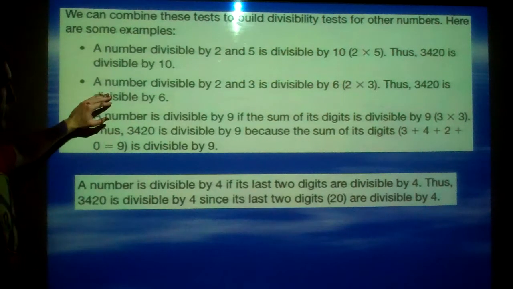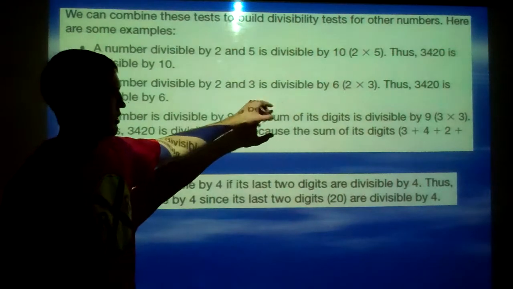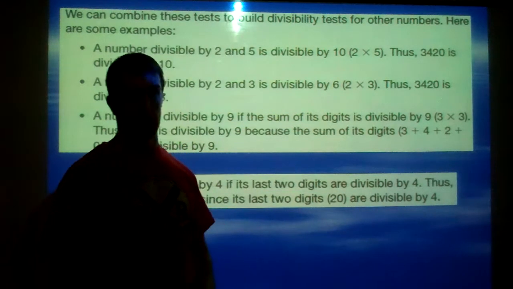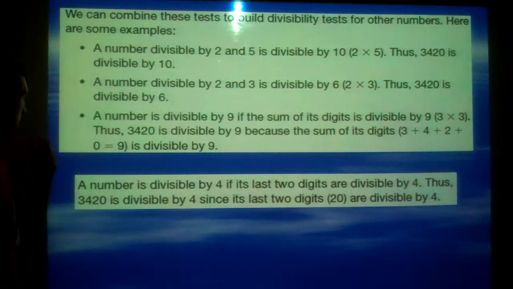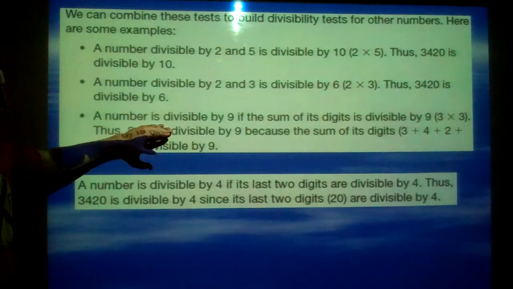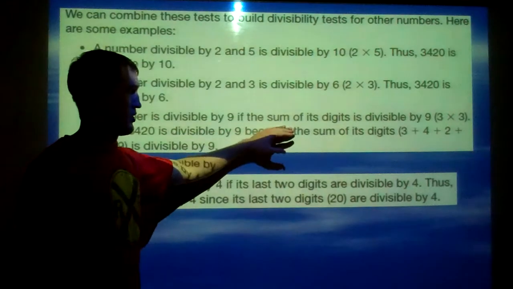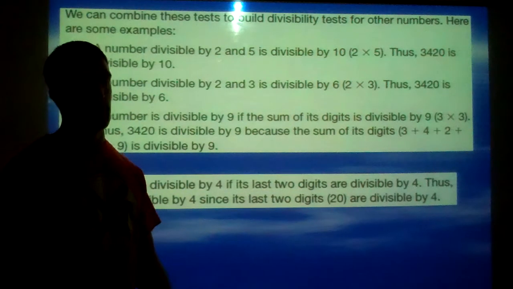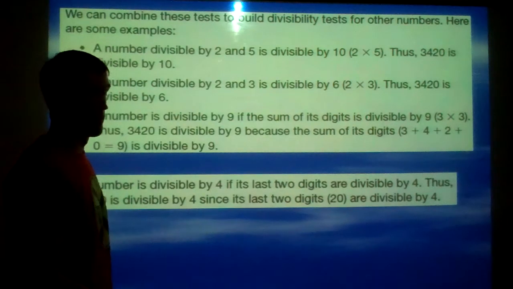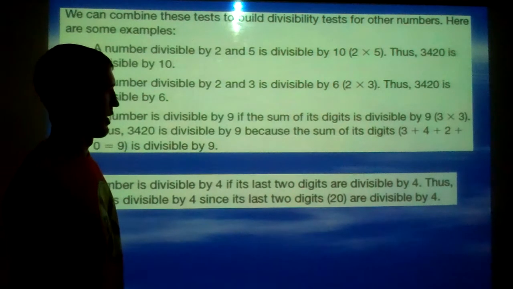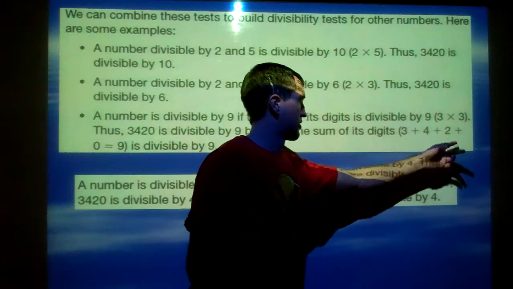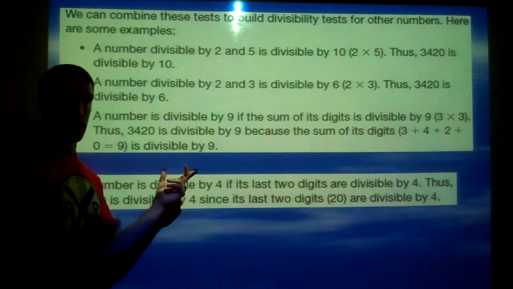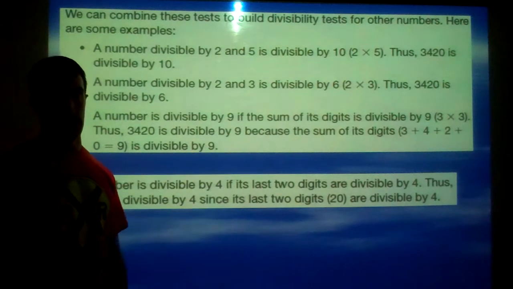A number divisible by 2 and 3 is divisible by 6. So if 2 and 3 divide the number, 6 will also divide the number. And a number is divisible by 9 if the sum of the digits is divisible by 9. Kind of like the same rule for 3. So if we use 3,420 again, 3 plus 4 plus 2 plus 0, we get 9. 9 is divisible by 9, so 9 would work for that number.